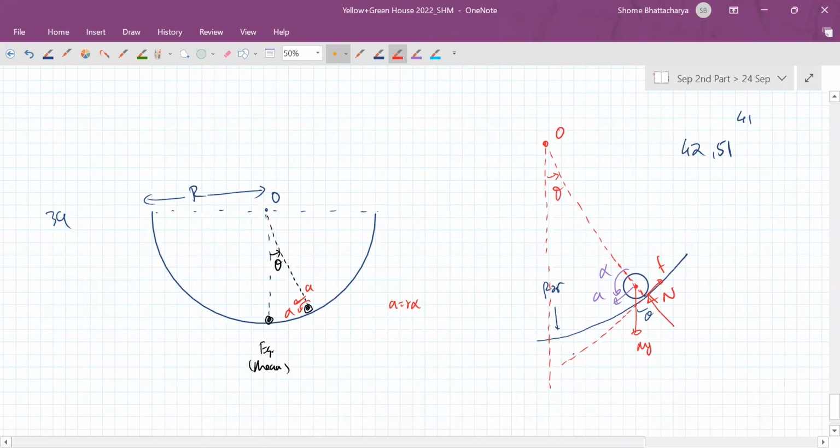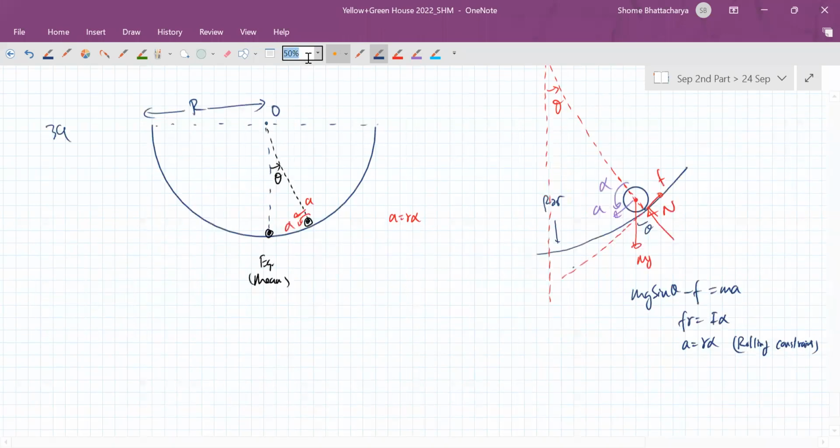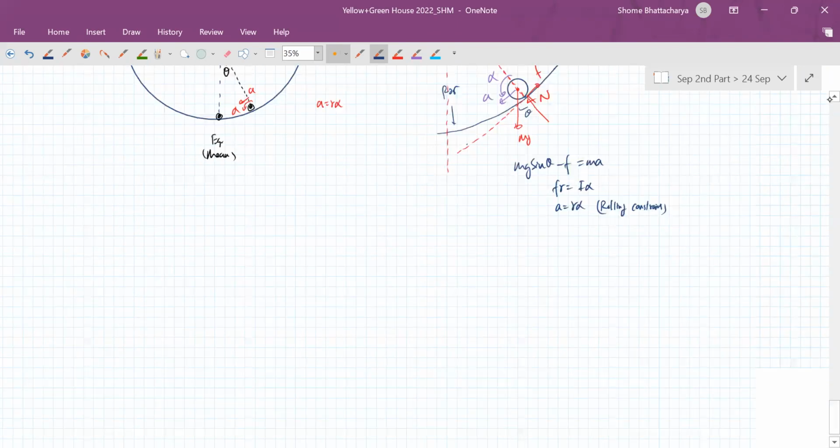So we have the relation that mg sin theta minus friction is equal to ma. Friction into r is equal to I alpha, and a is equal to R alpha, the rolling constraint. Okay. So solving this system of equations will now give us the SHM condition.